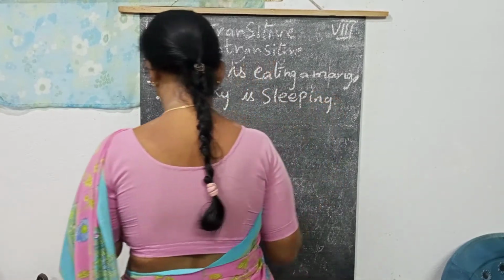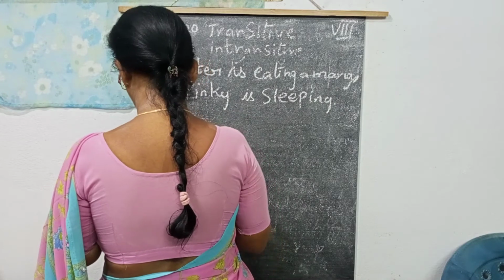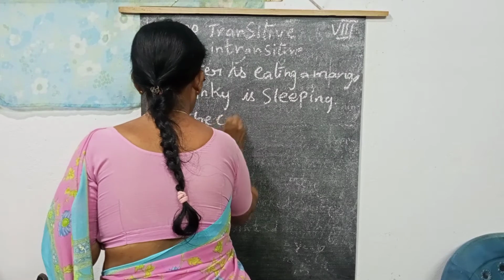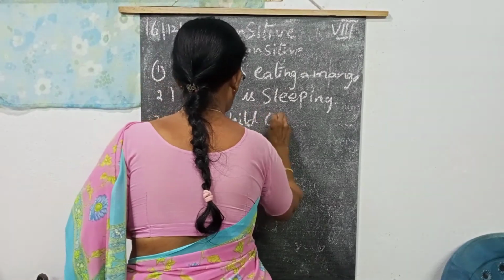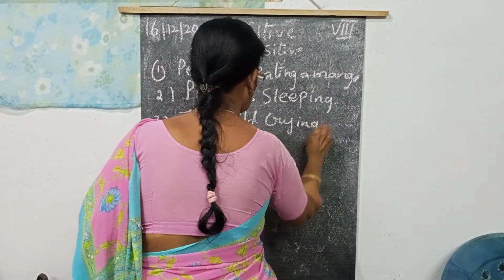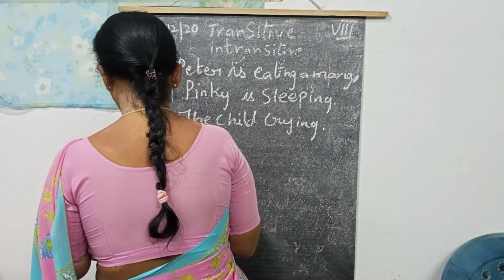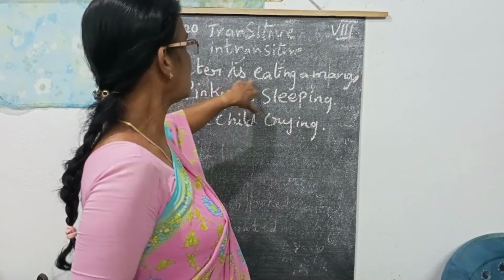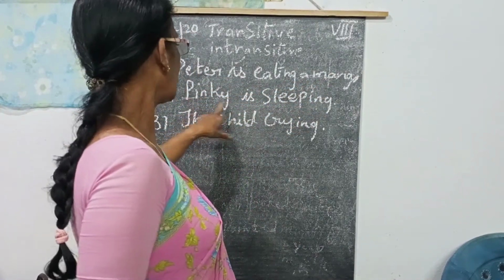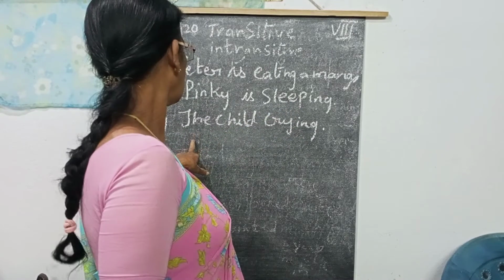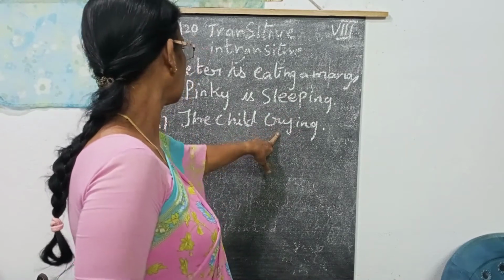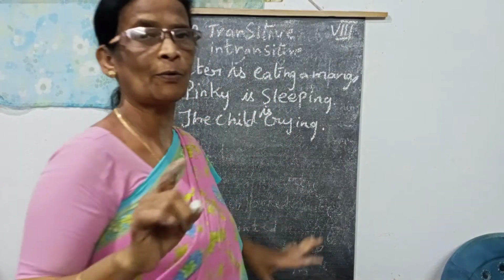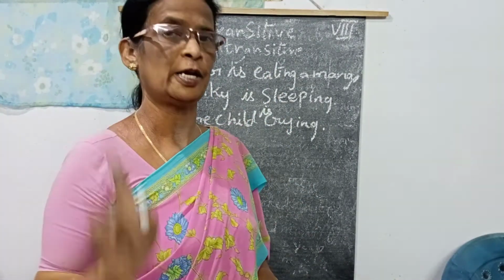Pinky is sleeping. Third: The child is crying. These three: Peter is eating a mango. Pinky is sleeping. The child is crying. You mention only transitive or intransitive.